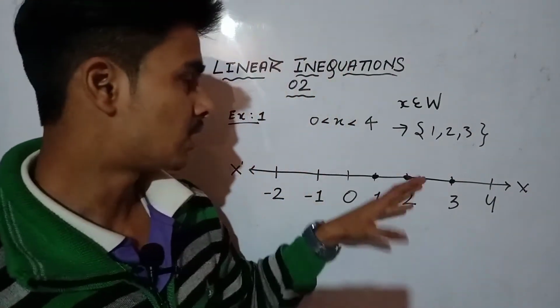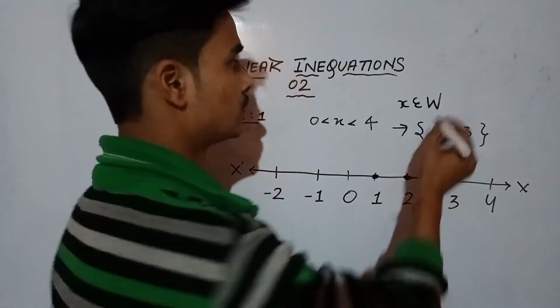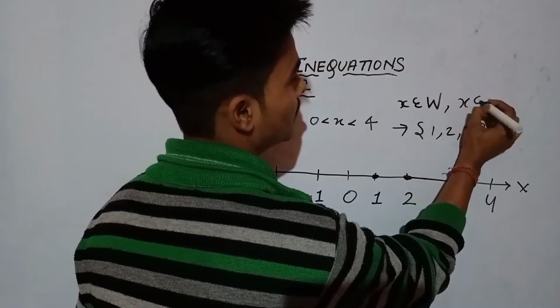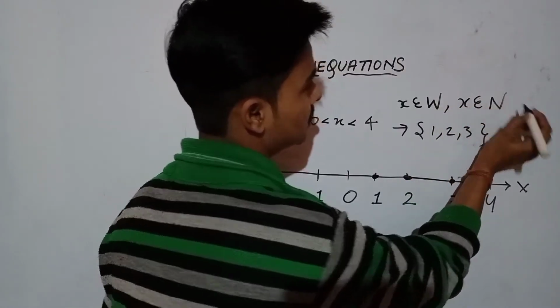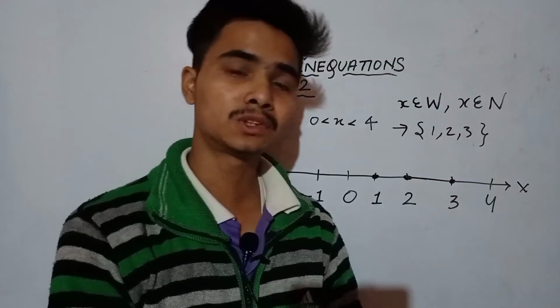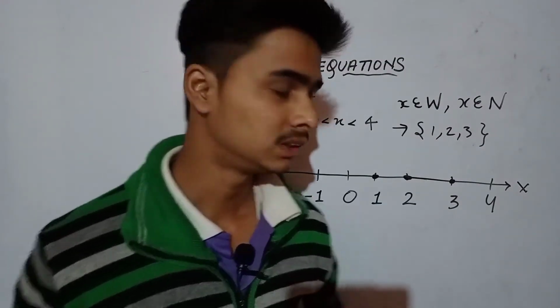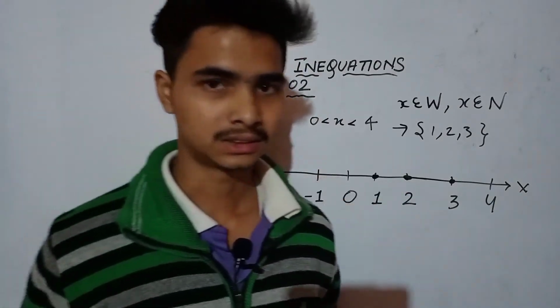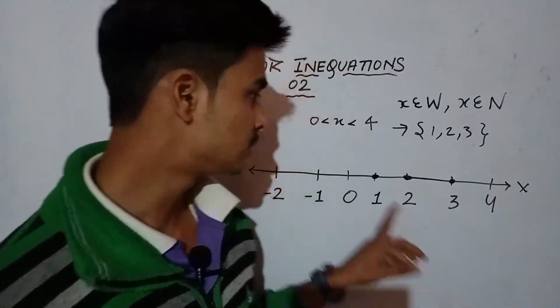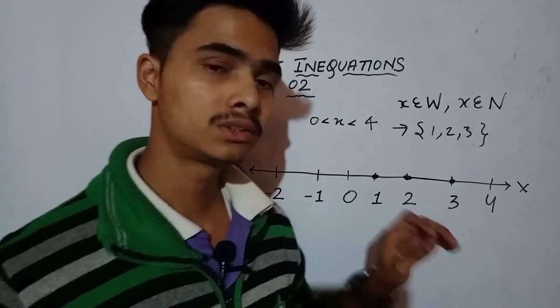Okay, so now let me give another question. Now x belongs to natural numbers. If I ask you to draw it on a number line, the answer is the same thing: you again need to make thick dots here.